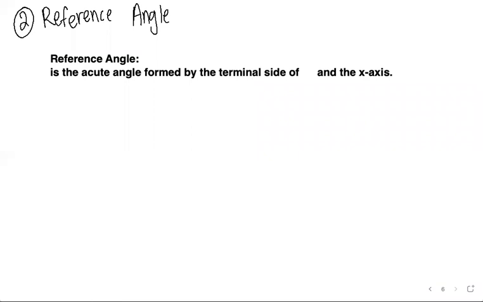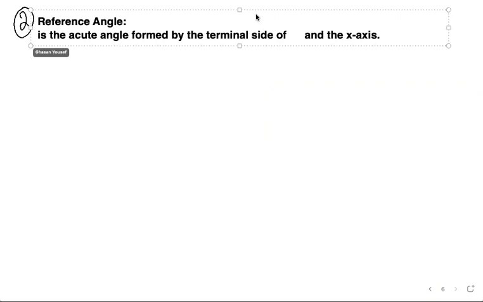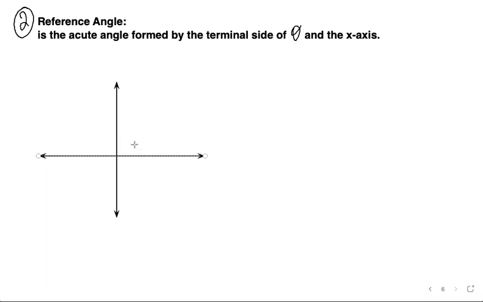Here, it is the acute angle formed by the terminal side of theta and the x-axis. I'll give you an example to explain that. Suppose we have a first, second, third, and fourth one, made smaller like this.